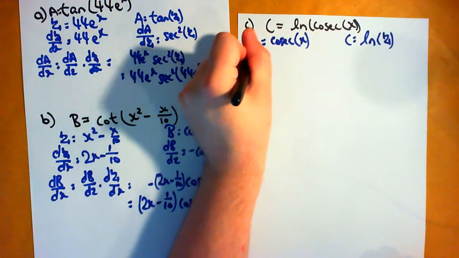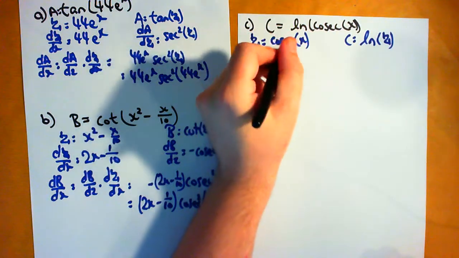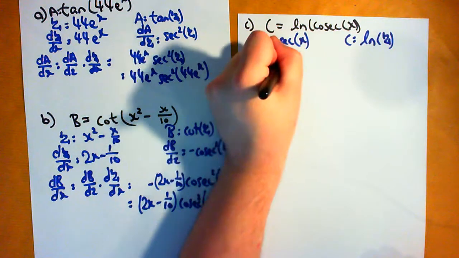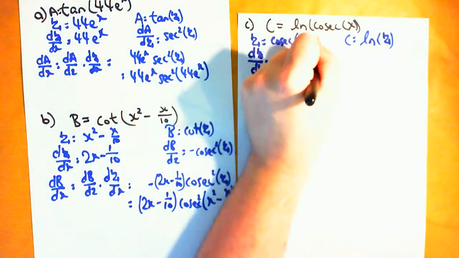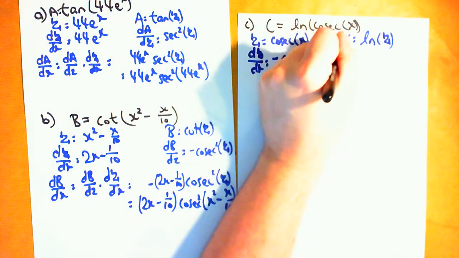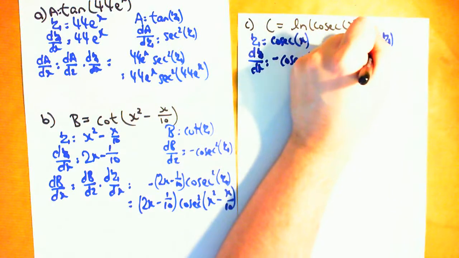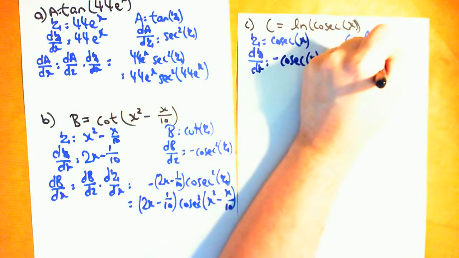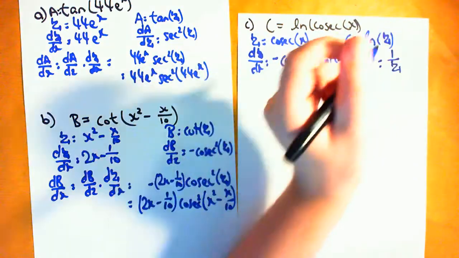So dz/dx is the derivative of cosec, which if we differentiate cosec, we get negative cotangent times cosec. And if we differentiate C, we get dC/dz equals, differentiate ln, you get 1 over z.